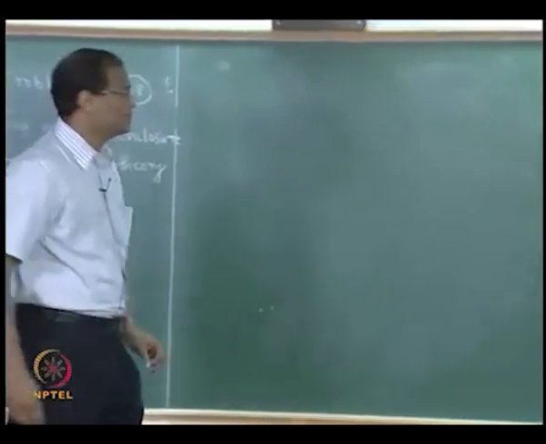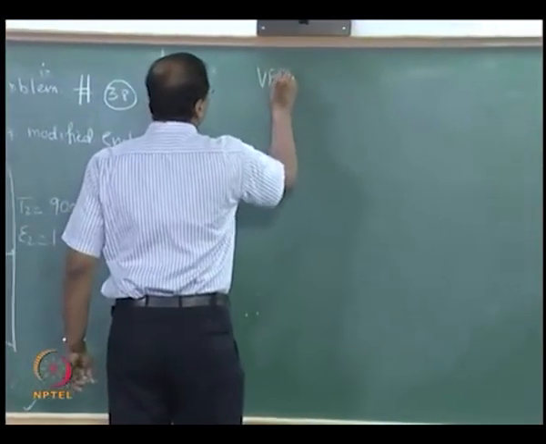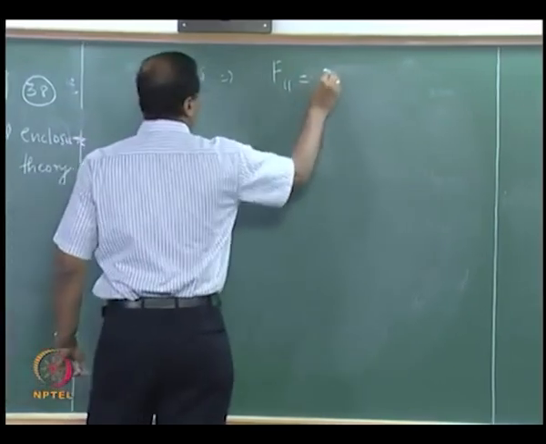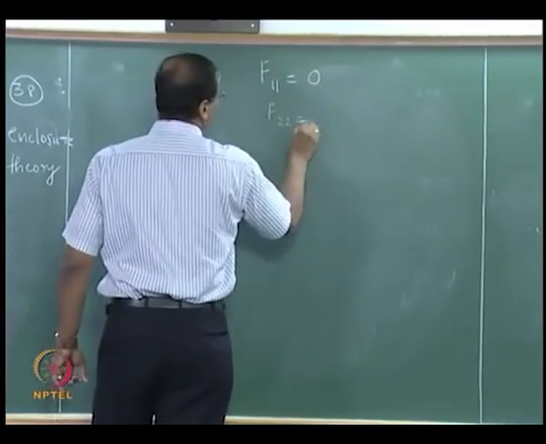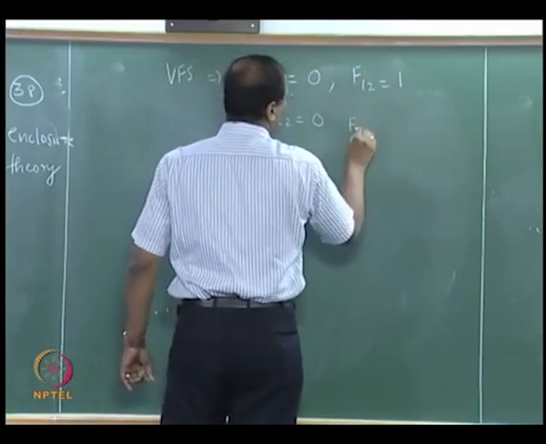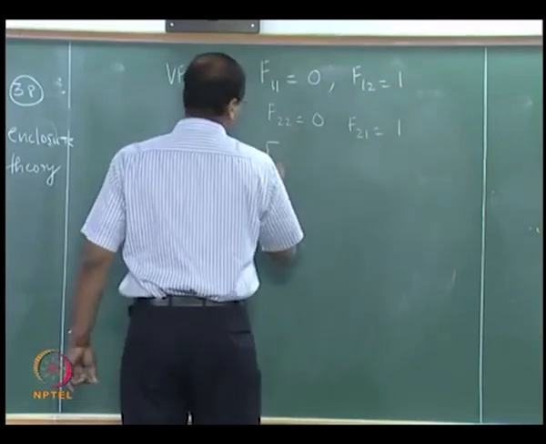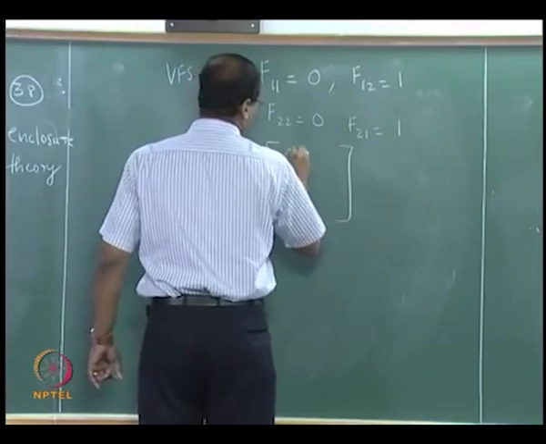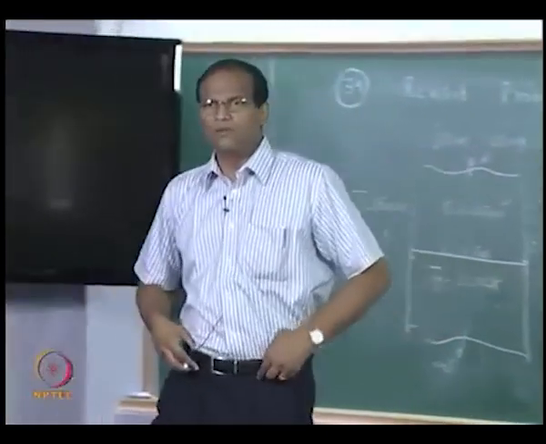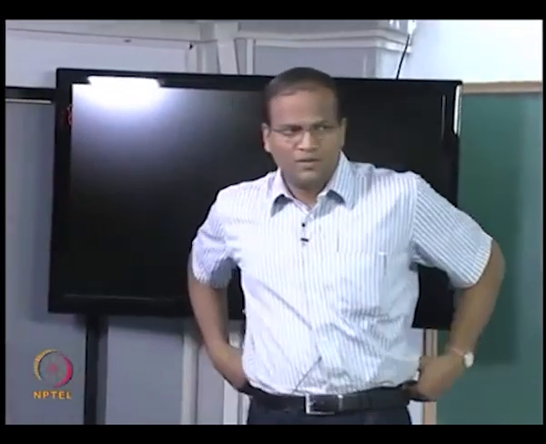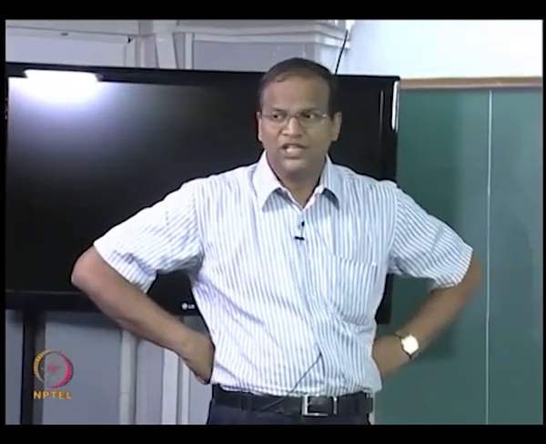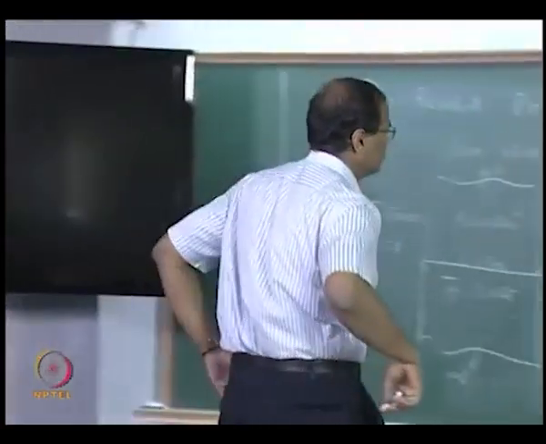So the first step is view factors F11, F22, okay, no problem. Next step, tau g, okay, tau 12.